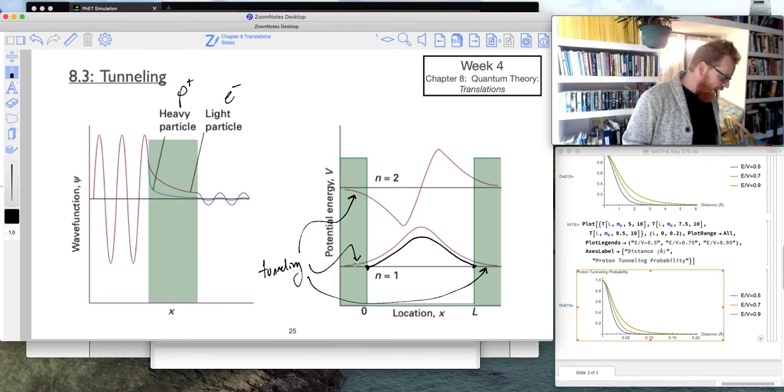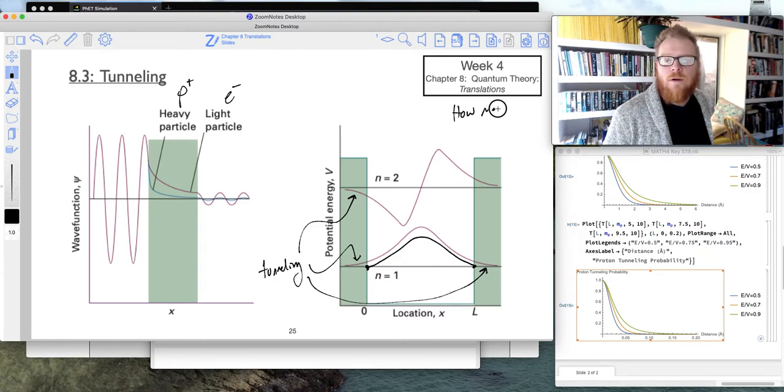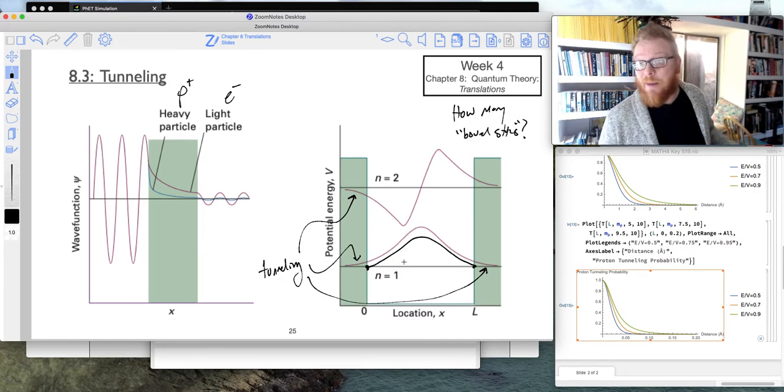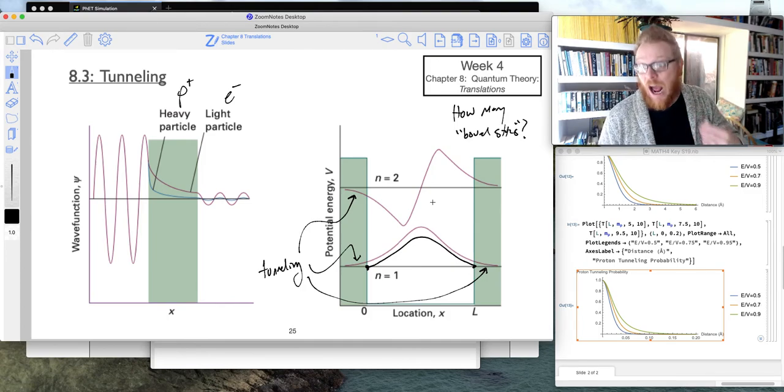And what I also want to indicate, okay, so I'm just going to write this equation down directly. From this we can also predict how many what I will call bound states are in this potential energy box. And by bound states, we mean states that are in that box that very likely can't get out.